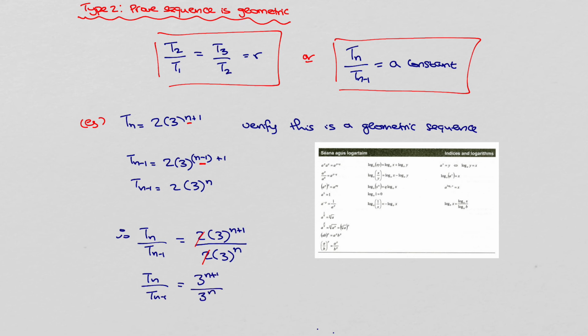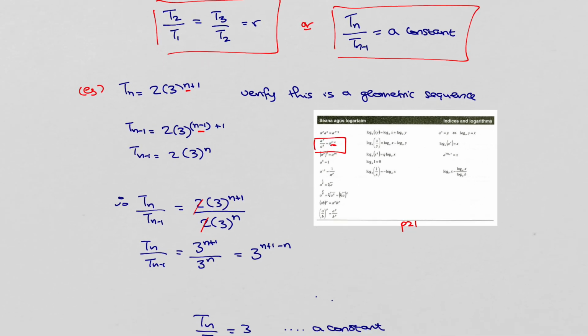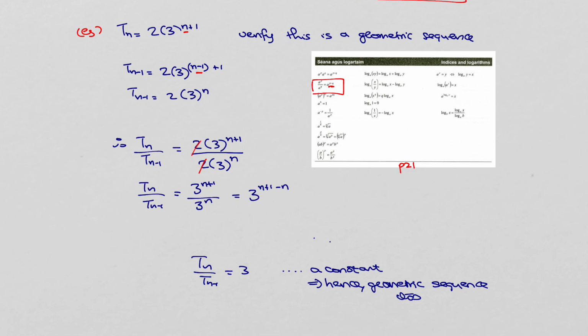And if we look here on page 21 in our maths tables, when we have a base number that is the same and we're dividing, then we subtract the powers. So that's going to become 3 to the power of n plus 1 minus n. So n plus 1 minus n means that t of n divided by t of n minus 1 is equal to 3. And therefore that is a constant, and hence the sequence is geometric.